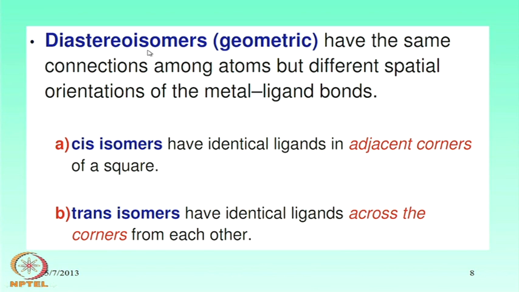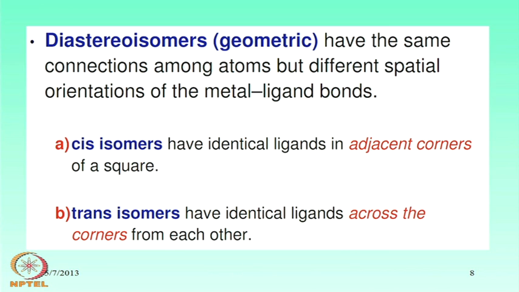We get some compounds as diastereoisomers, that means they are not related to any kind of optical activity. They have the same connections among atoms, that means the metal atom and the ligand atoms, but different spatial orientations of the metal-ligand bonds. In the case of cis isomers, we have identical ligands in adjacent corners of a square.